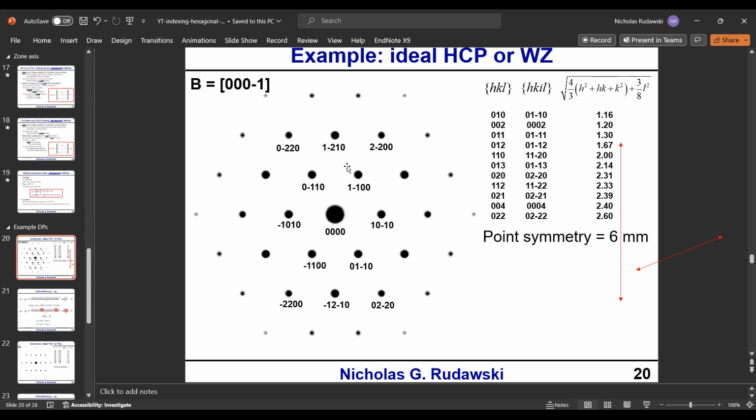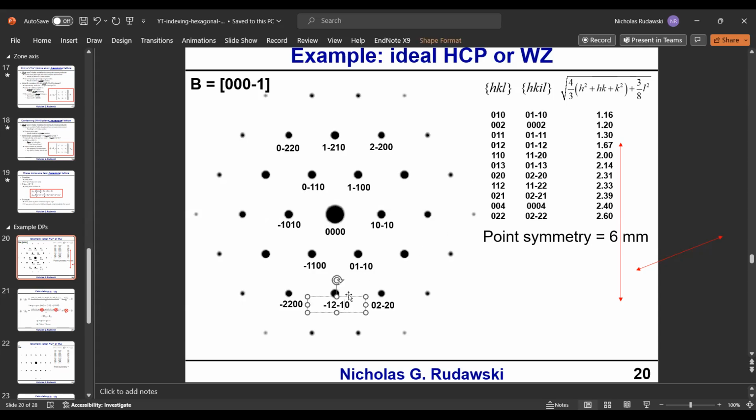This is why we use the 4 index notation, because we can see that. The next closest spots, right here, here, and here, are all in the 1, 1, 2 bar 0 family.